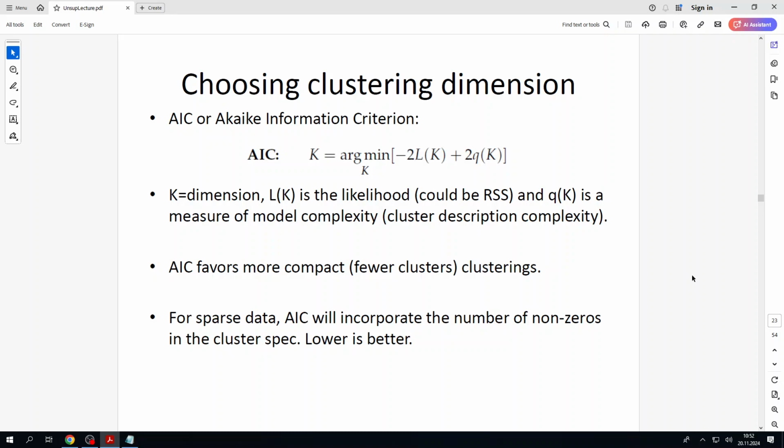This AIC can help you to find the optimum number of clusters, both from the perspective of how accurately they work and how complex your model is. So it tries to minimize the number of clusters to achieve higher separability of these clusters.